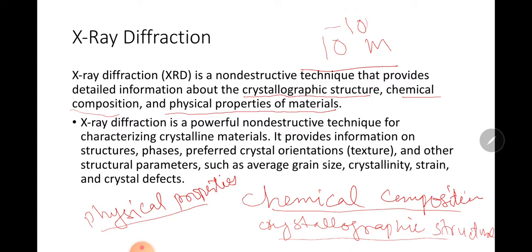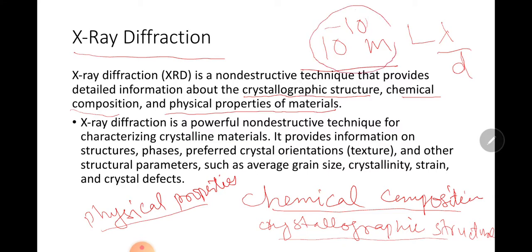It is not possible to produce interference fringes of X-rays by Young's double-slit experiment or by thin film. The reason is that the fringe spacing is given by lambda L divided by d, and unless the slits are separated by a distance of the order of 10 raised to power minus 10 meter.